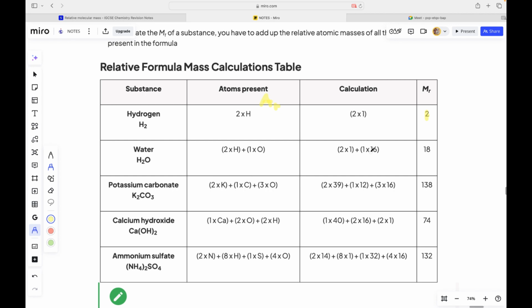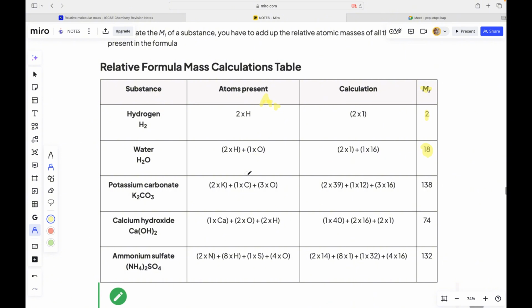It gives us a total of 18. So the relative molecular mass of water is 18. The MR is 18. You can also call it molecular mass, when we are doing mole, chapter 6, the next chapter we are doing.